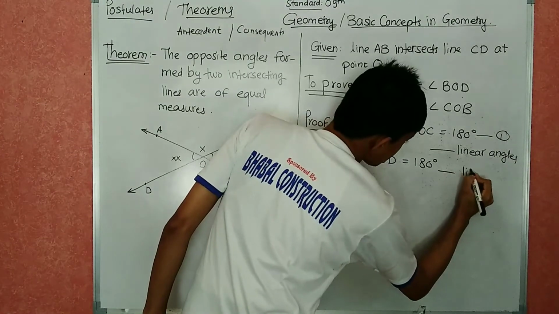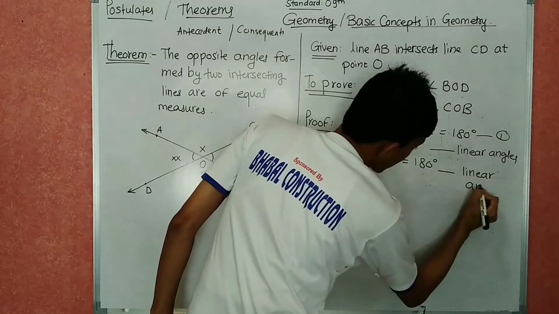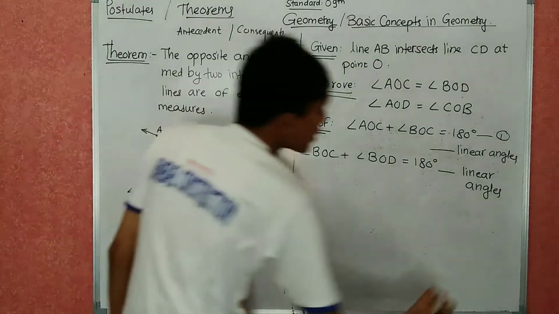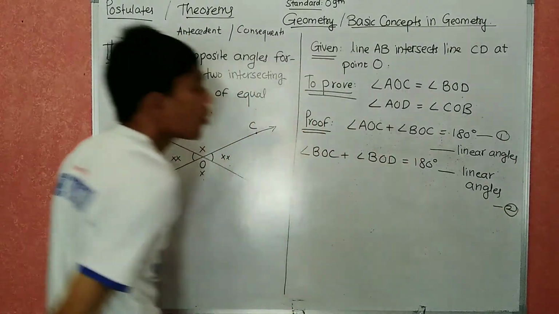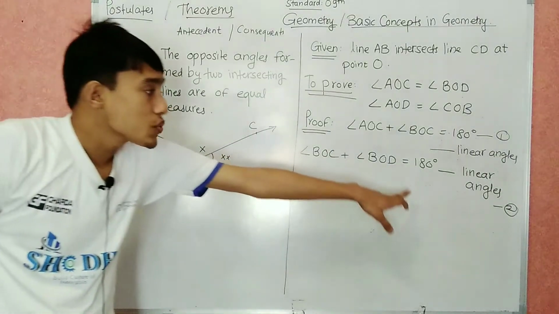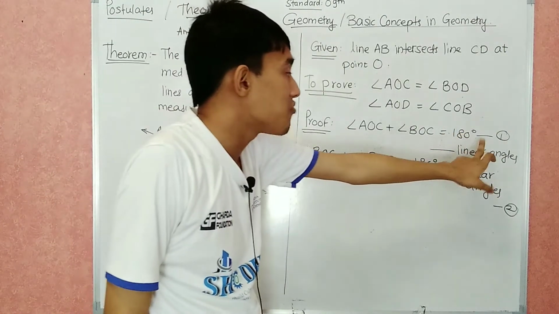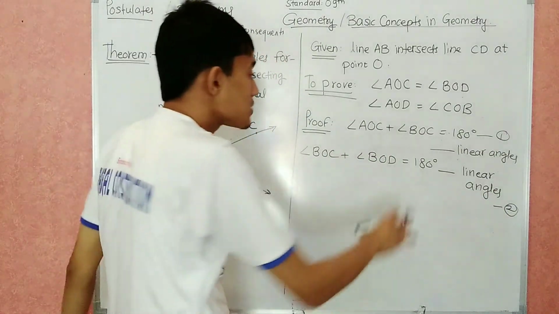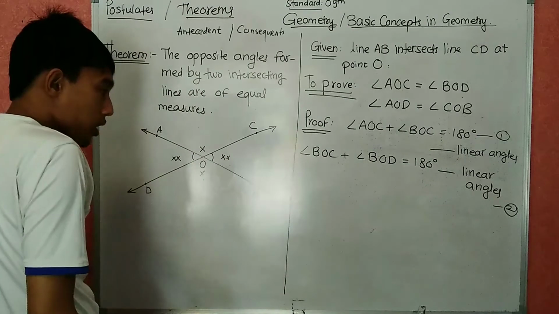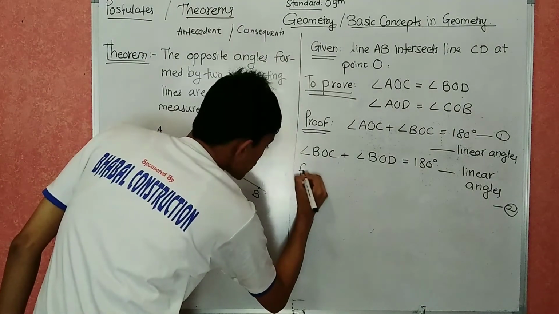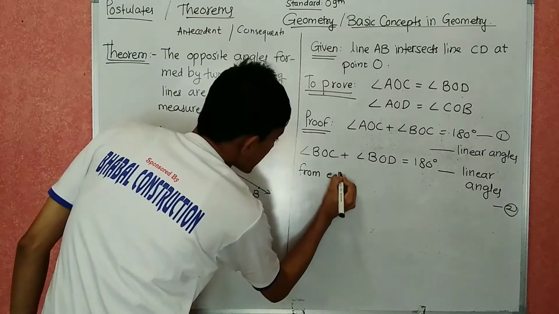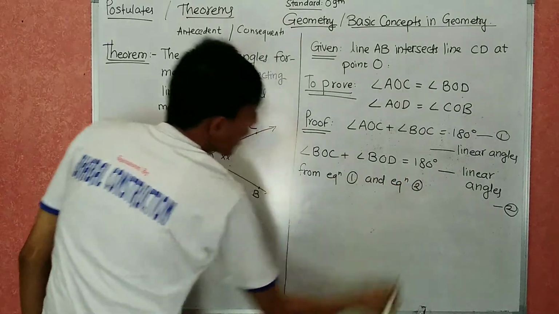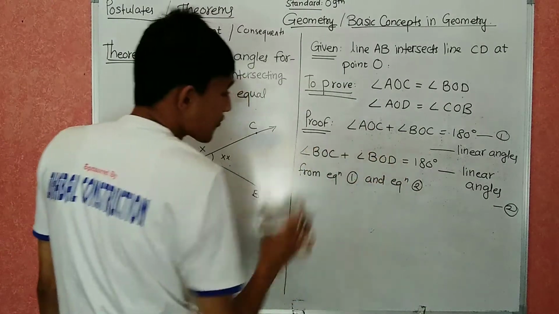So linear angles. Now this is equation number 2. As you can see, in equation 1 the right hand side has 180 degrees, and in equation 2 also the right hand side is 180 degrees. As both right hand sides of the equations are equal, therefore the left hand sides are also equal.